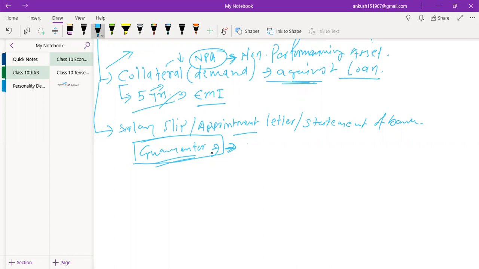It happened with me as well. I'm telling you my personal experience. They asked me for the proper statement, because they could not see the proper withdrawal of the money in my statement. So you may face such problems at the time of fulfilling the terms and conditions by banks or money lenders, whether in the formal sector or the informal sector.